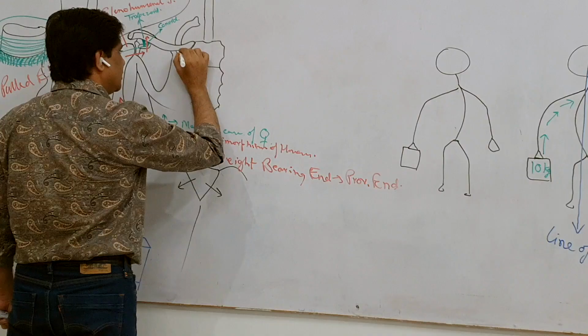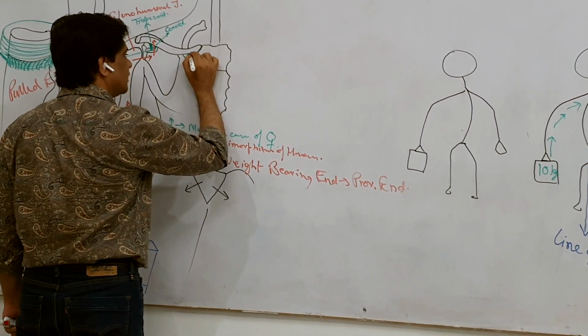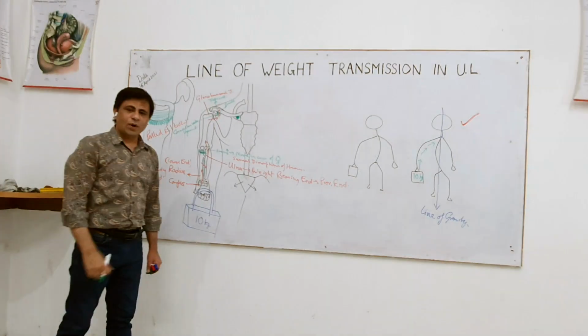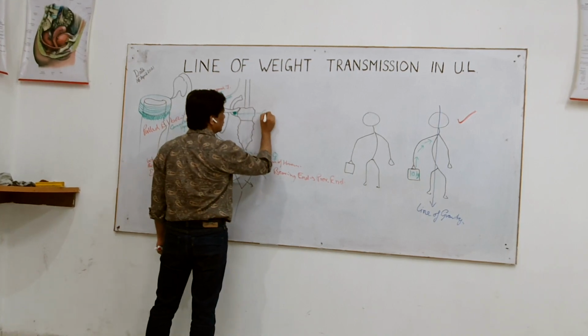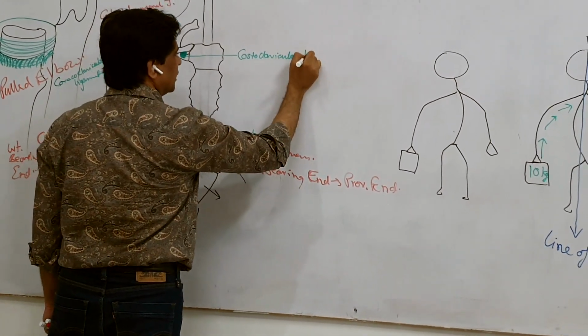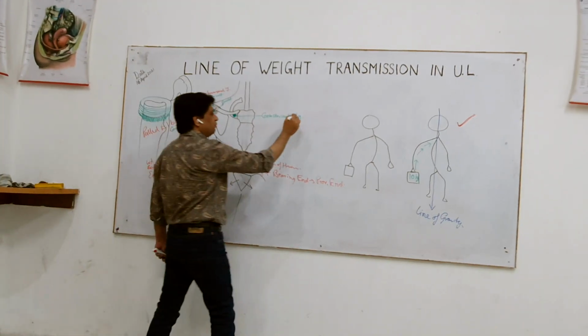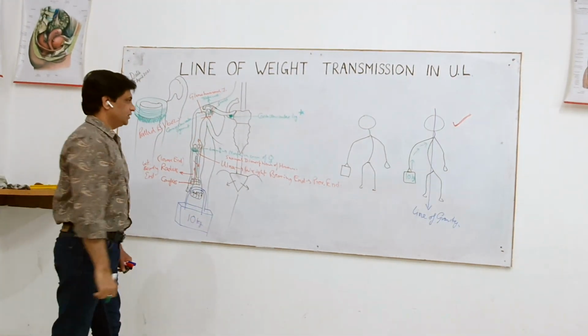So there is something which is providing additional support to the medial end of the clavicle, and this is the costoclavicular ligament. This has been asked in your All India exams, NEET PG.